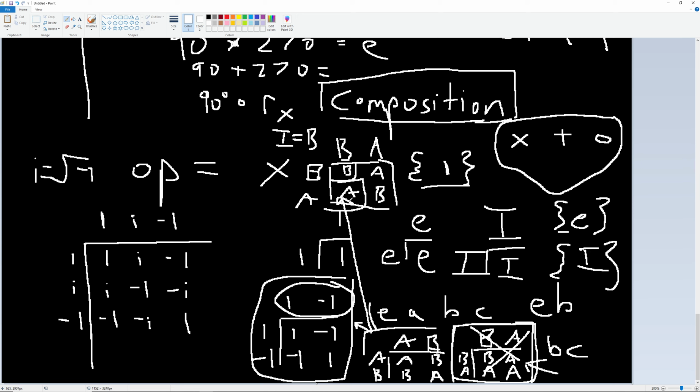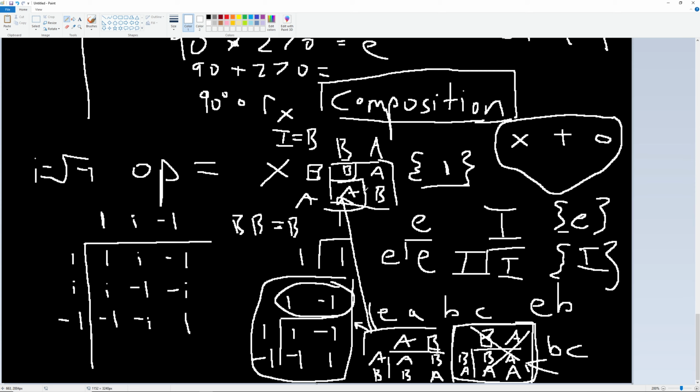And it will be its own inverse. B times B is B, which means it's its own inverse. What about the inverse element of A? The question is, what is the element that composed with A gives you the identity?